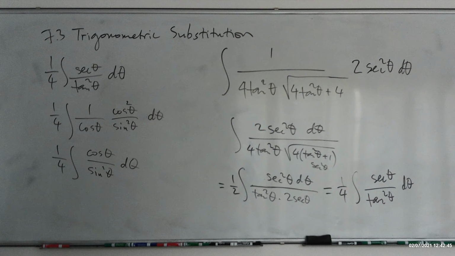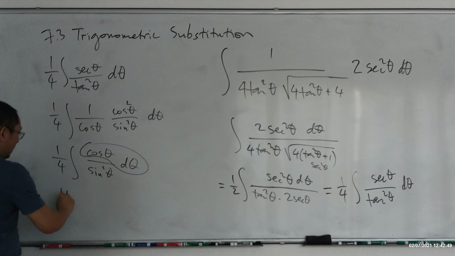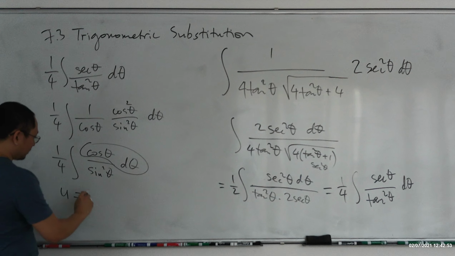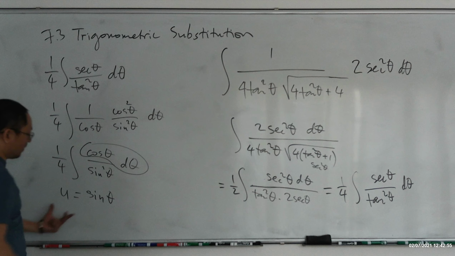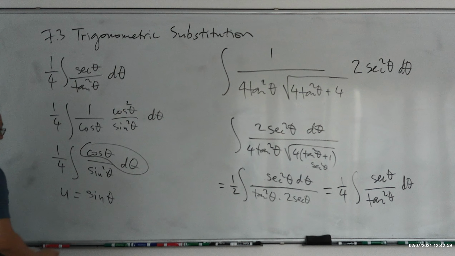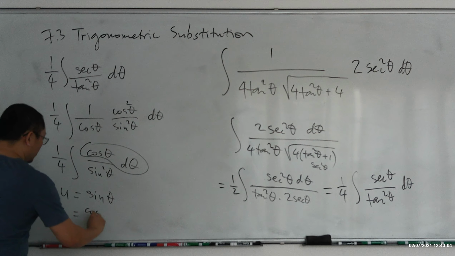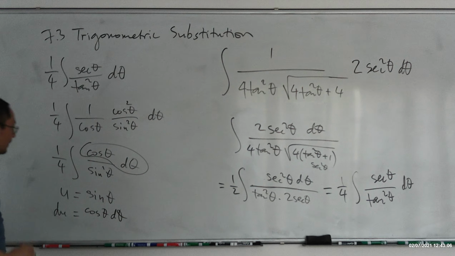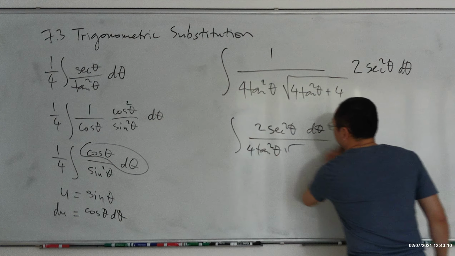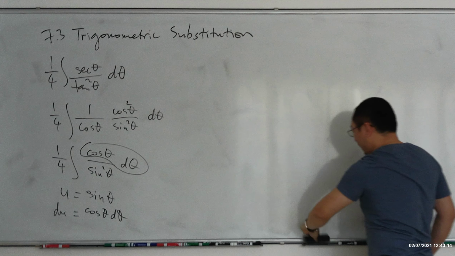I see that this problem is solvable because I have cosine theta d theta right here. I'll let u, I didn't use u yet, right? So I'll let u equal to sine theta. You know why? Because the derivative of sine is cosine theta d theta. So if I let u equal sine theta, I got du is cosine theta d theta. Okay. See how long the problem is.